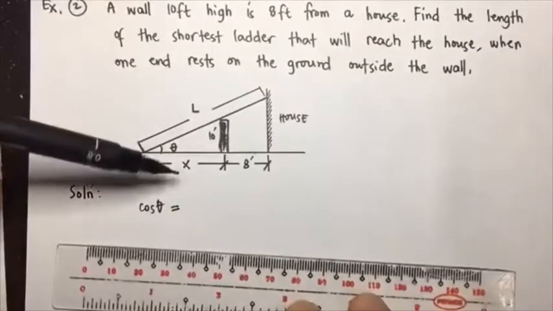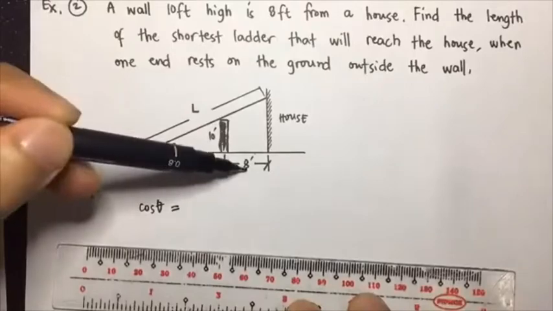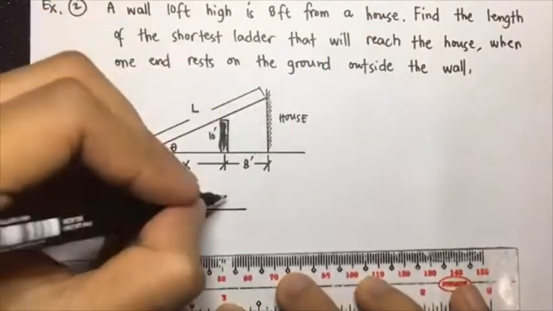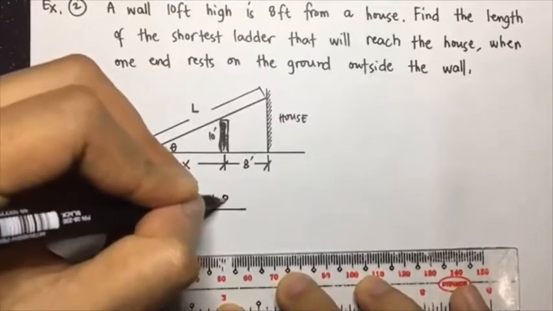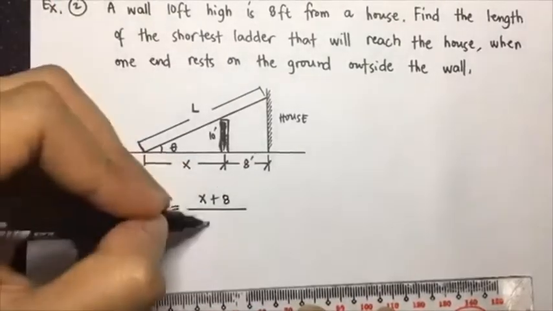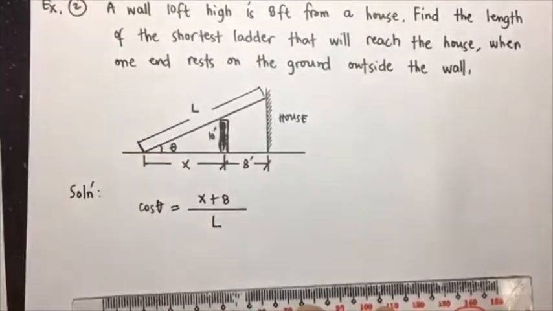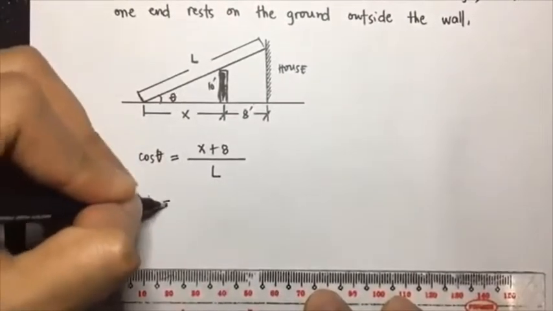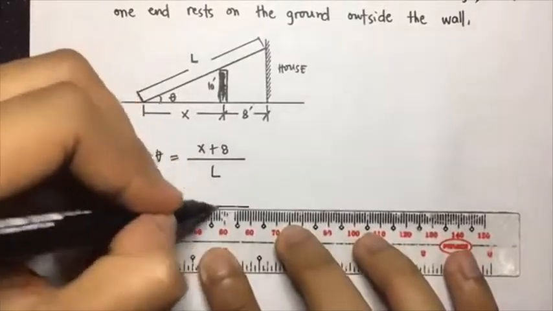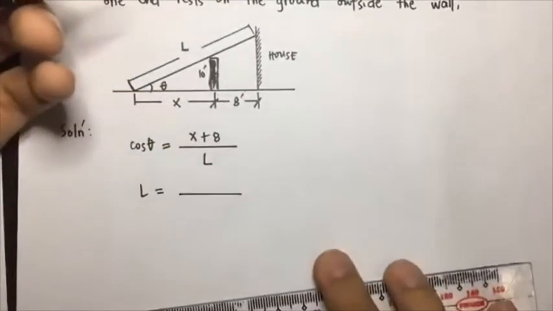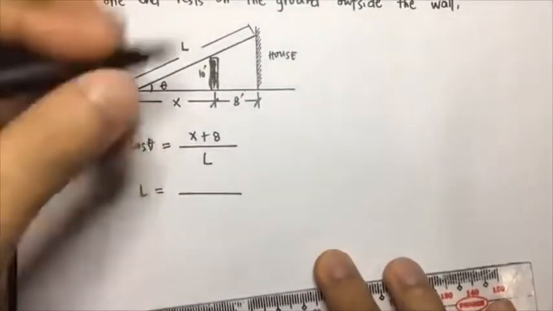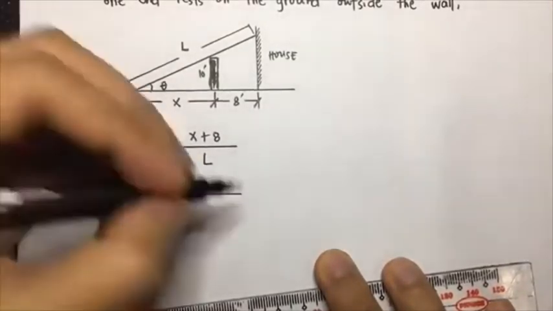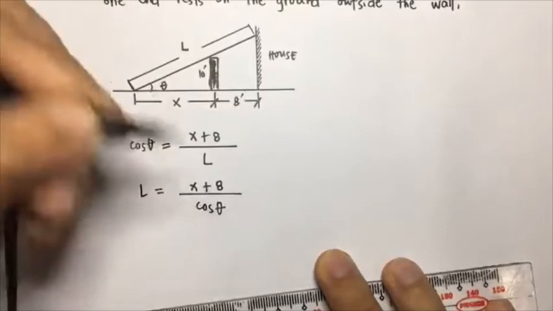So the adjacent side is x plus 8 over L. Okay, or if we try to solve for L, L is equal to x plus 8 over cosine of theta.